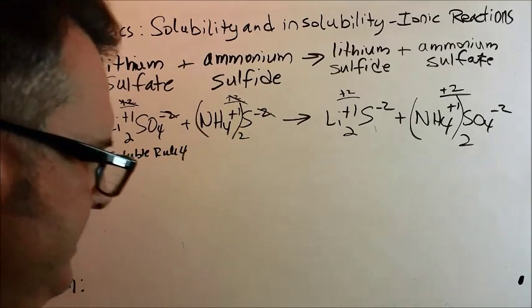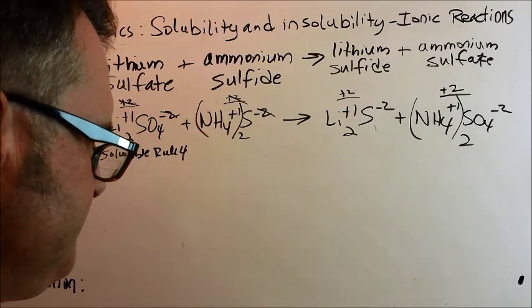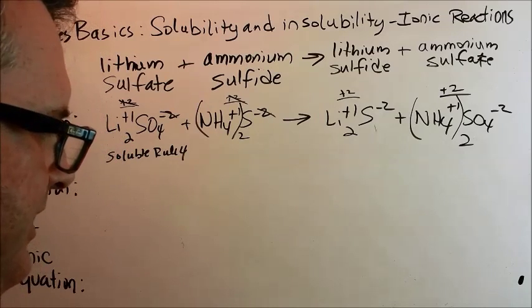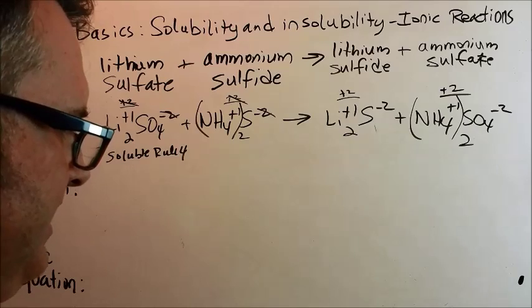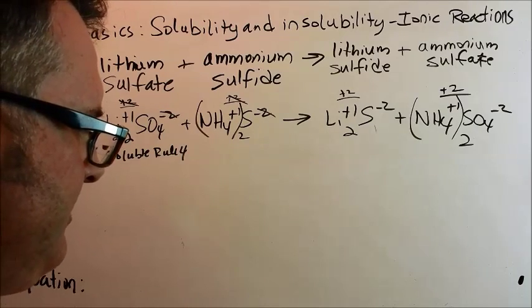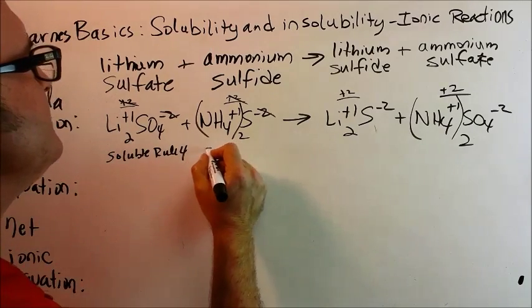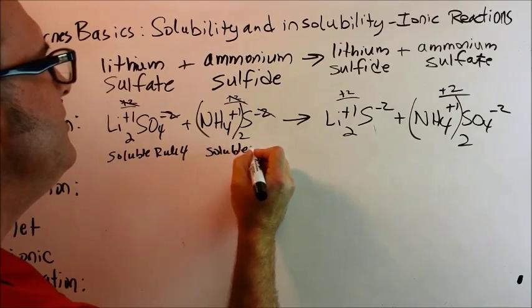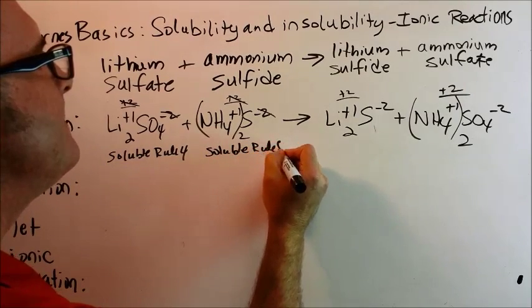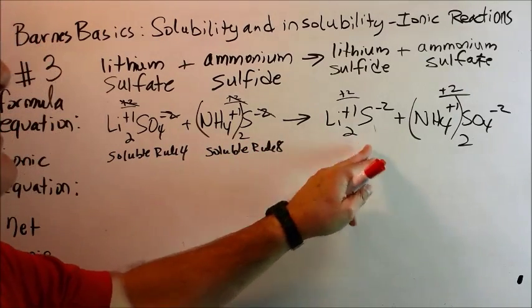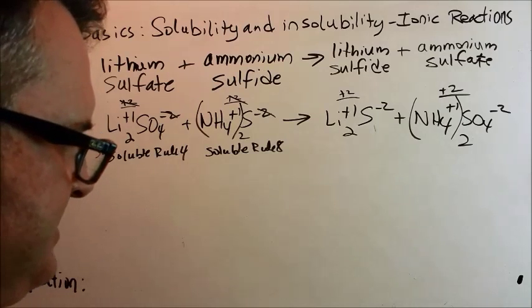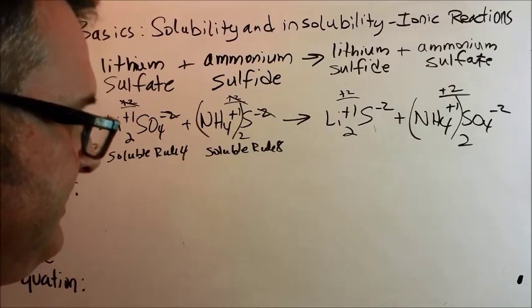Ammonium sulfide. We know that because of rule number 8, all salts of sodium ions, potassium ions, and ammonium ions are soluble. So this is soluble, rule 8. Lithium sulfide. There is a sulfide rule. This is rule 7.